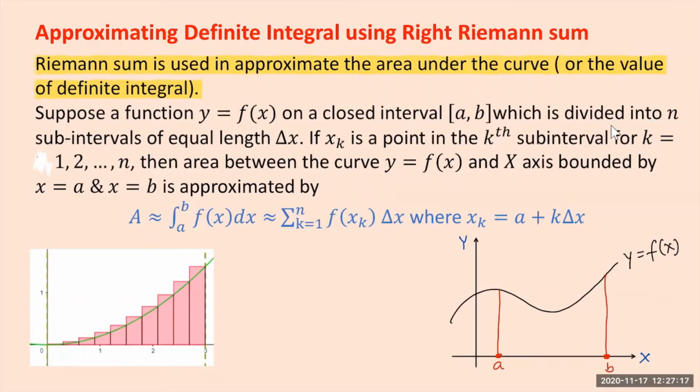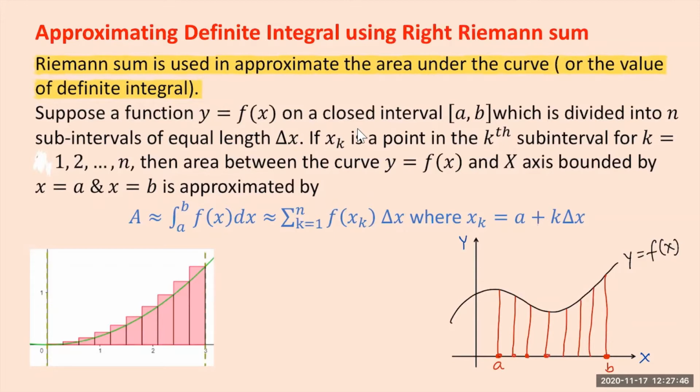That closed interval is divided into n sub-intervals of equal length delta x. So the interval a through b is divided into n sub-intervals. So let me divide that: first interval, second interval, third interval, fourth interval, fifth interval, and so on, all the way up to the nth interval.